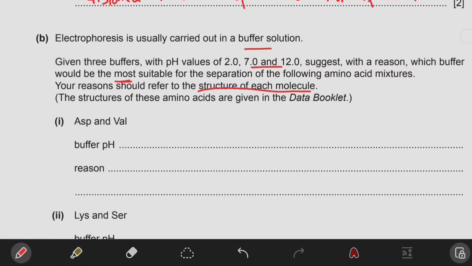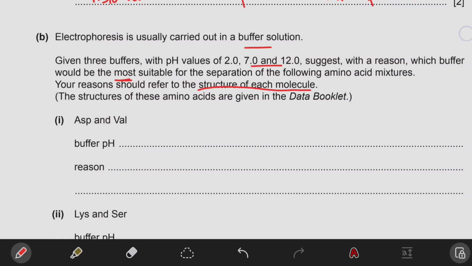So first of all, aspartic acid and valine. So let's look at their side chains. Side chain of aspartic acid is this. Okay, and valine's is CH3.